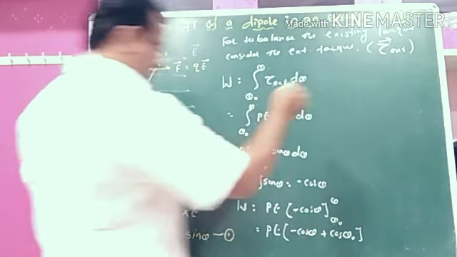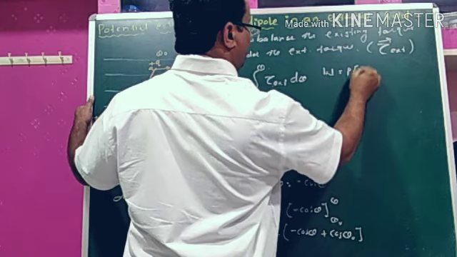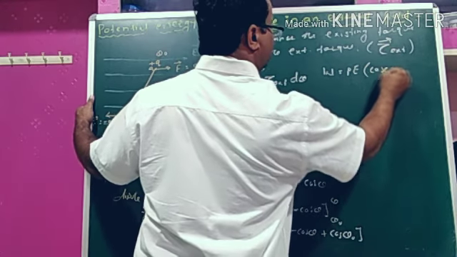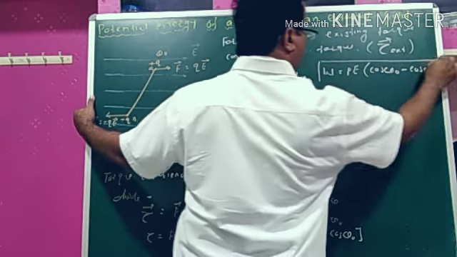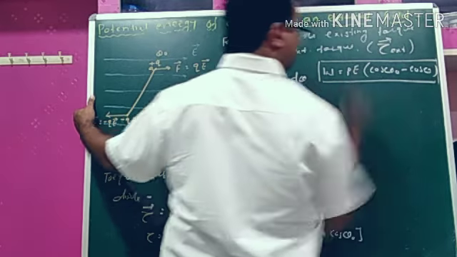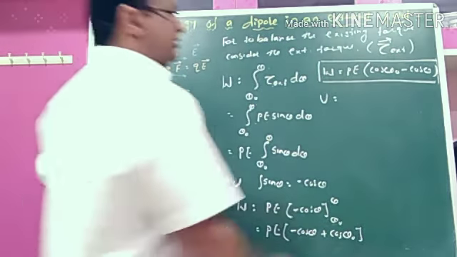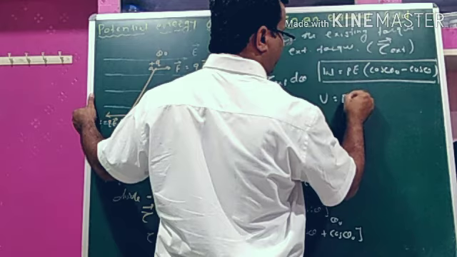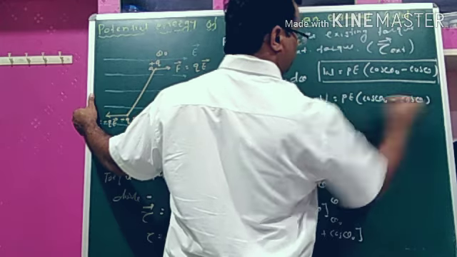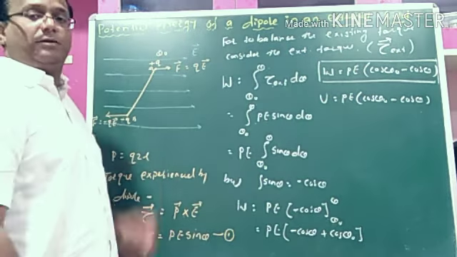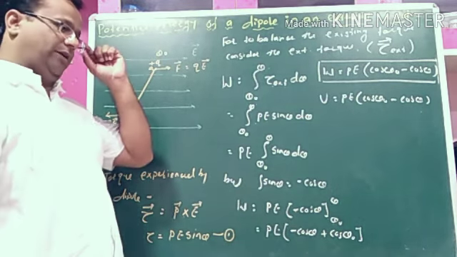So work done W is equal to P E, inside the bracket, cos theta 0 minus cos theta. This much work is done, and that work done is nothing but the potential energy. So the potential energy is equal to P E into cos theta 0 minus cos theta. This is the value of the electrical potential energy of a dipole in an external field.